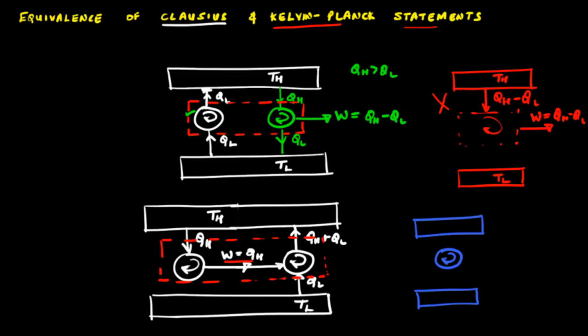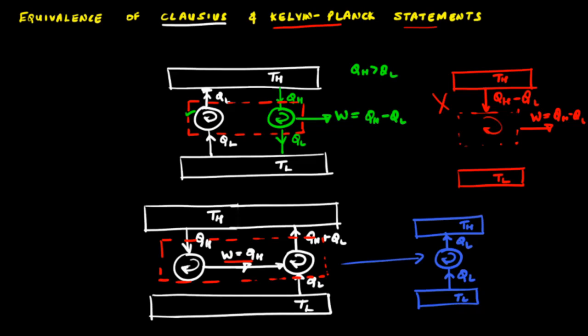And what it is doing is extracting heat QL from the low temperature reservoir, and note that the high temperature reservoir gives away heat QH to this heat engine but receives heat QH plus QL from this refrigerator. So the net effect is that this combined device operates in a cycle and transfers heat QL from the low temperature reservoir to the high temperature reservoir without consuming any work.